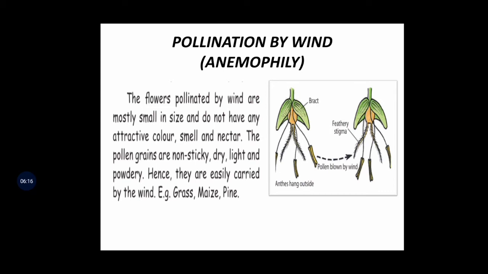The pollen grains are non-sticky, dry, light and powdery. Hence they are easily carried by the winds. Example: grass, maize and pine. That is what you have noted in the video.